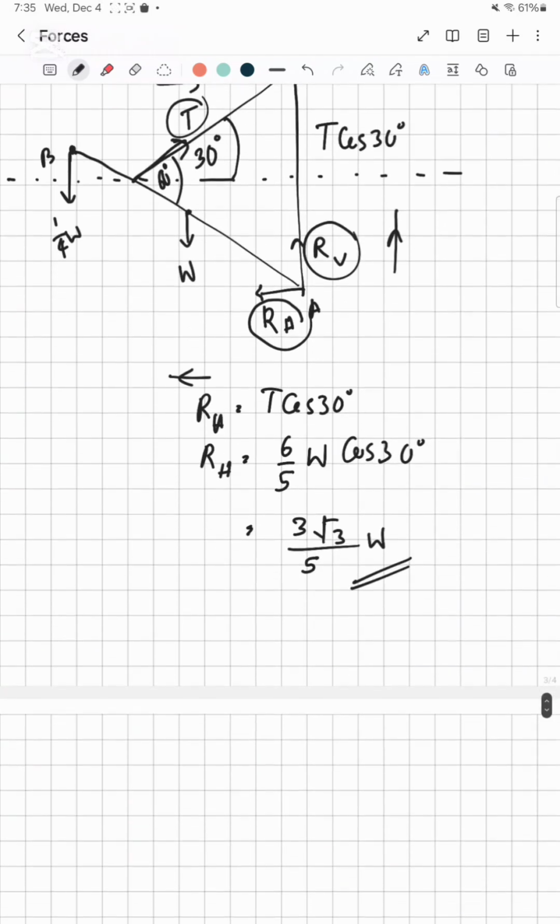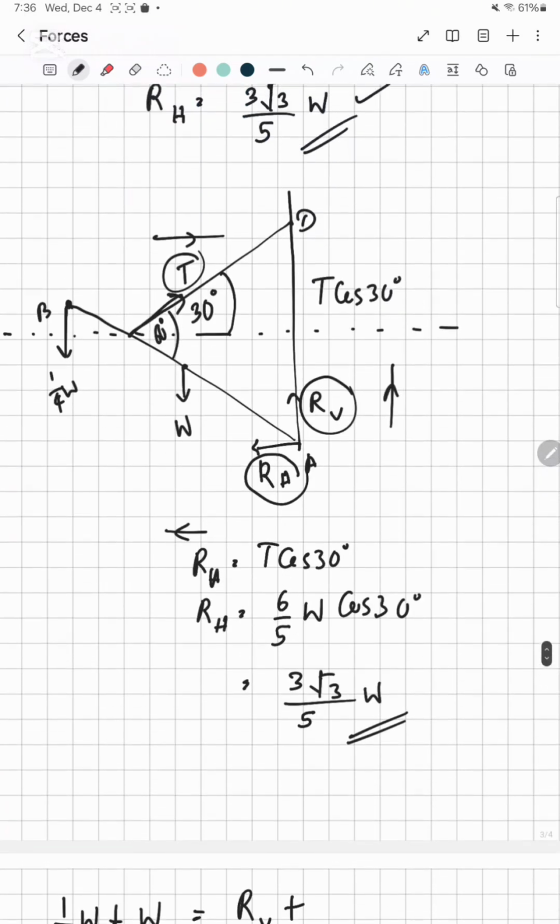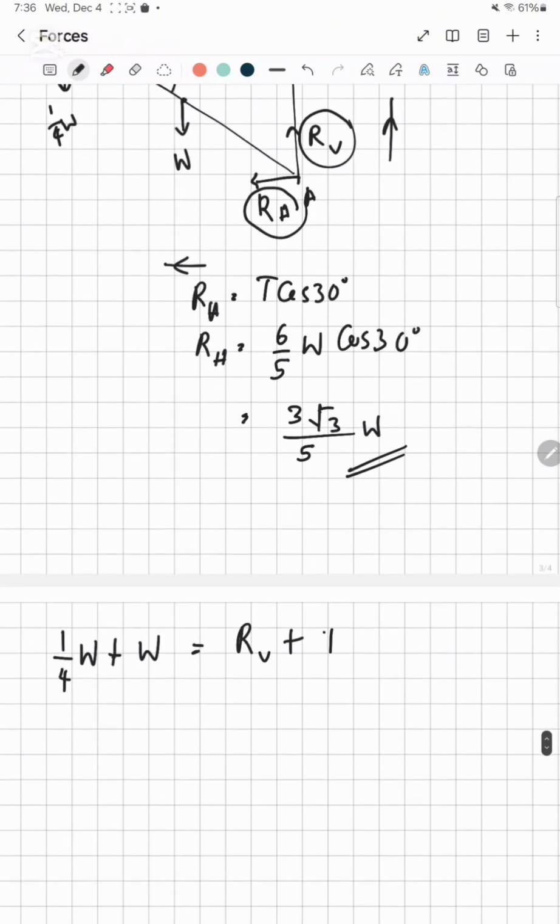So you can write 1 over 4 W going downwards along the vertical, plus the weight W, equals RV, which is going upwards. The other two weights are going down, right? So these are upward forces now: RV plus T resolved vertically, so plus T sine 30.